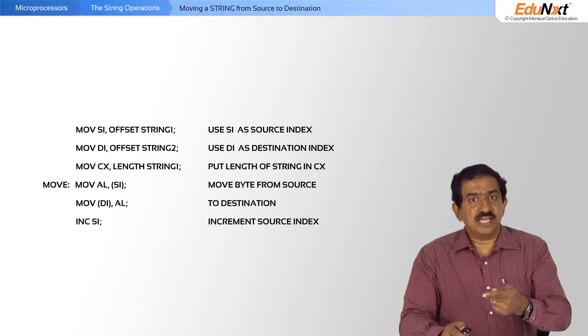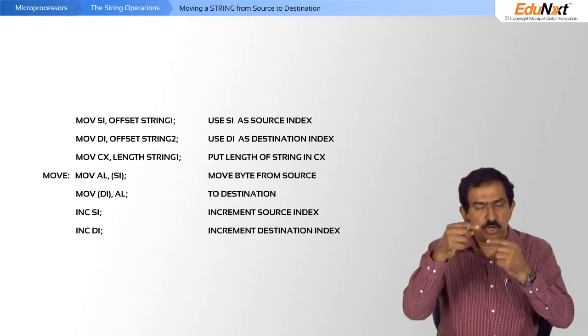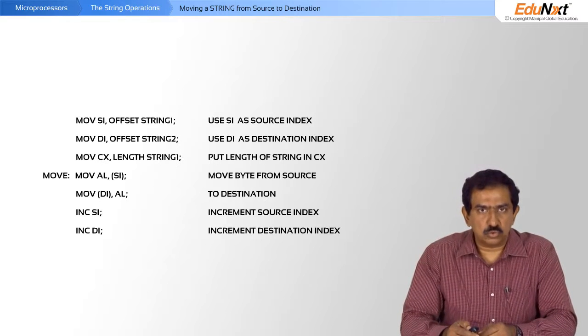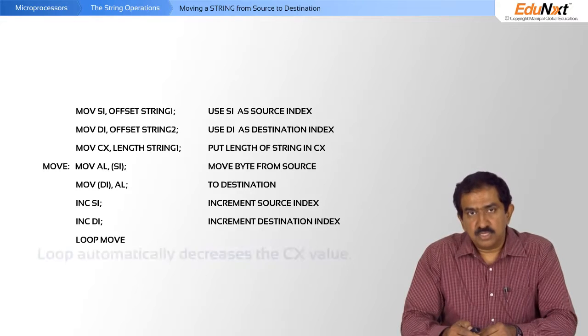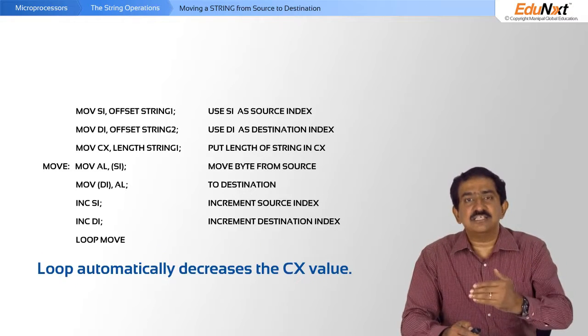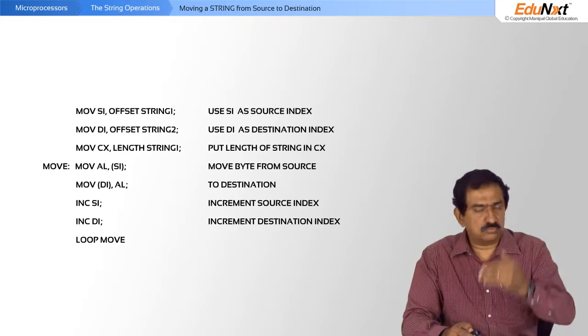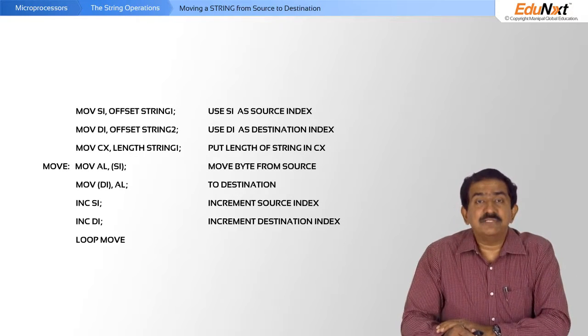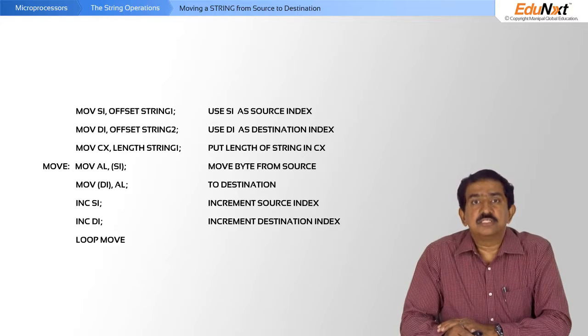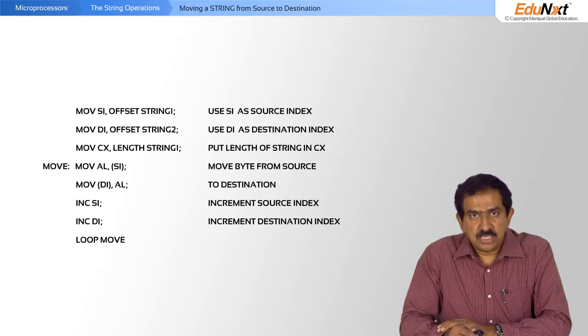You increment SI, you increment DI to point to the subsequent locations of the source and destination area. You loop back to move, and loop will automatically decrease the CX value. So this set of instructions happens over and over again till CX becomes 0.